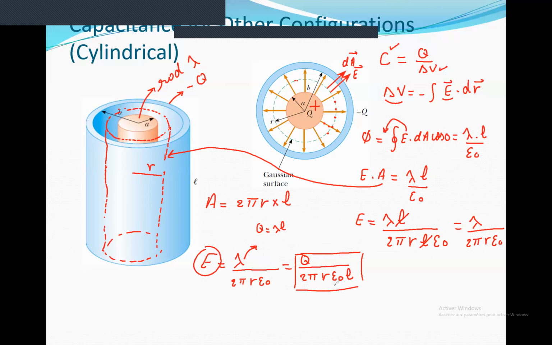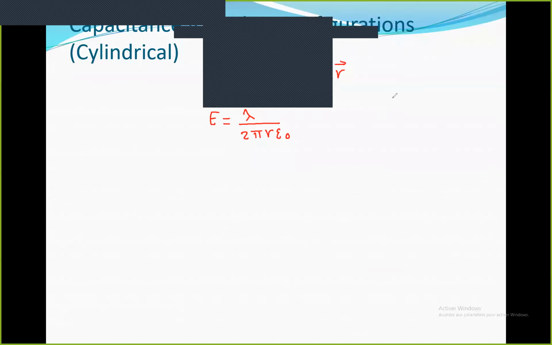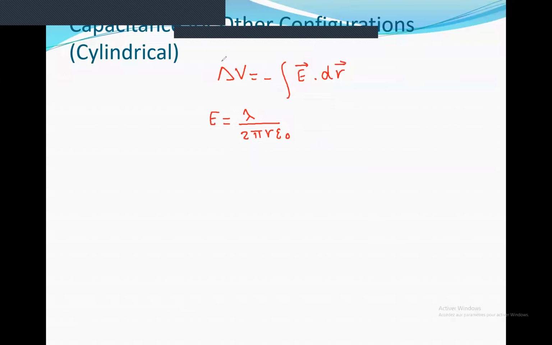We can substitute the value of E in this relation to find delta V. Okay, so finally we have delta V and we have E. We can write lambda divided by 2 pi epsilon 0 R, times 2 divided by 2.